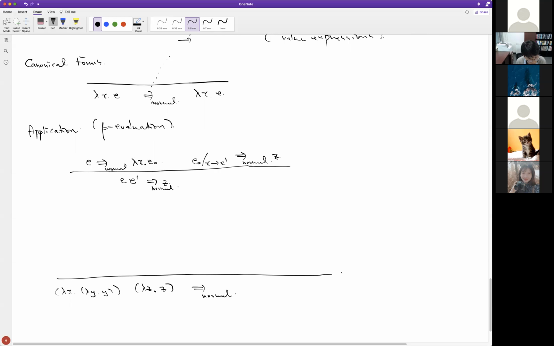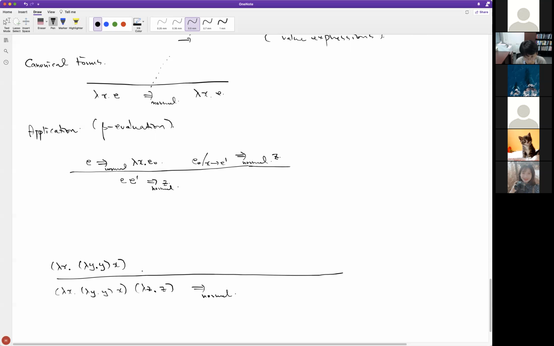So we first evaluate the operator, which is lambda x, let's make it more interesting, say x, x, the y, x.